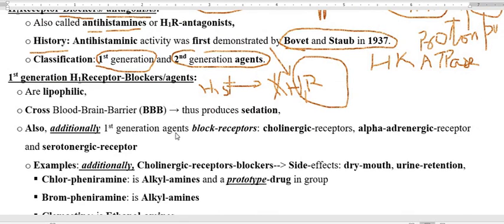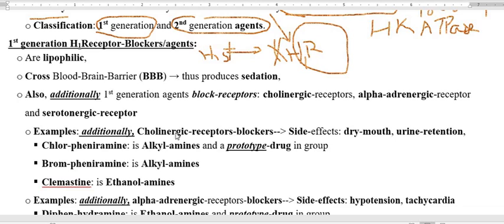What is a very interesting and important point with the first generation H1 receptor blockers is that they are lipophilic. Because of the lipophilic nature of the drugs, they cross the blood-brain barrier.